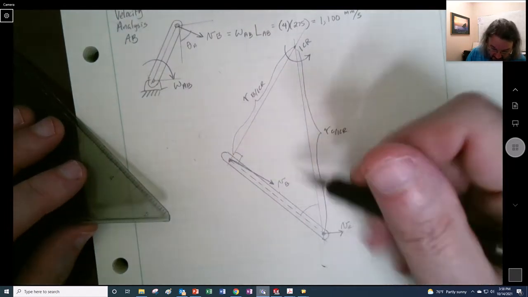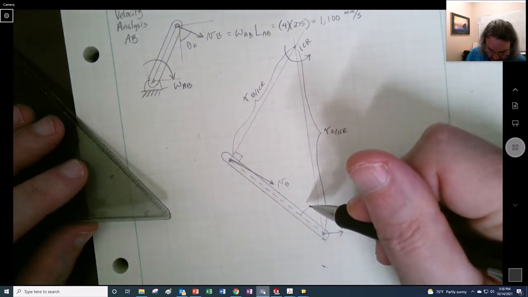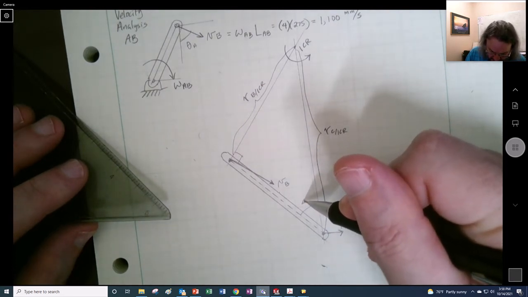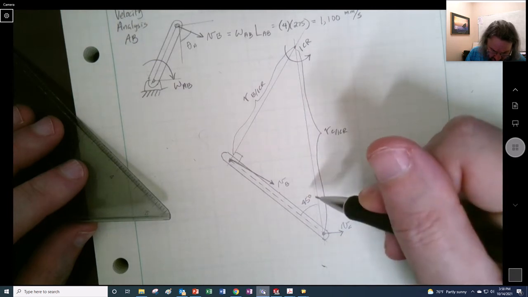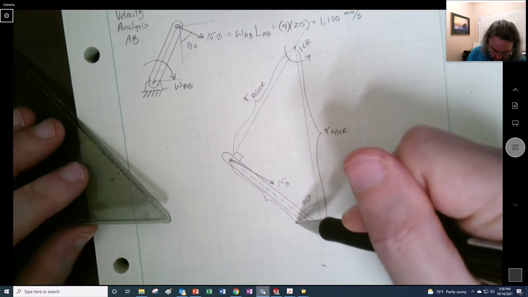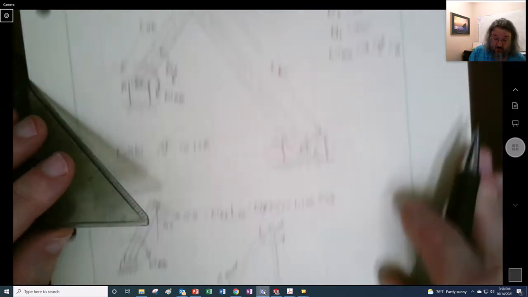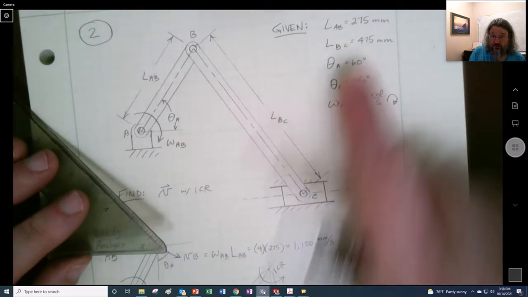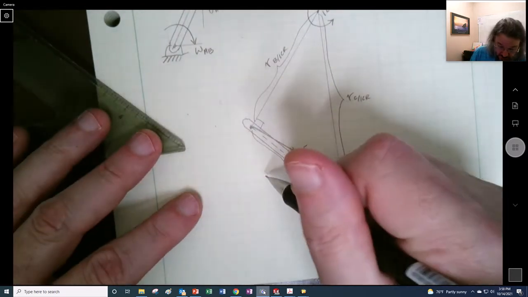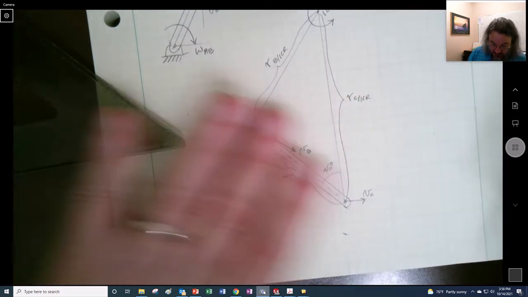But we do have this guy right here being 45 degrees. We also know this length right here. That length is LBC, which was 475 millimeters. So we have two pieces of information.